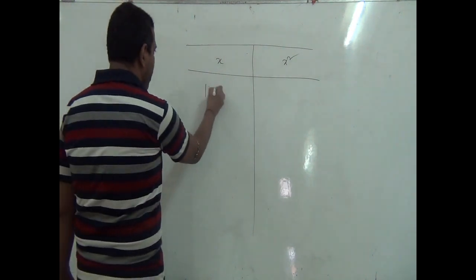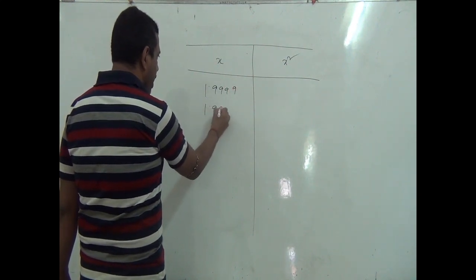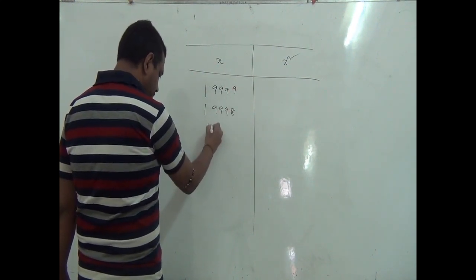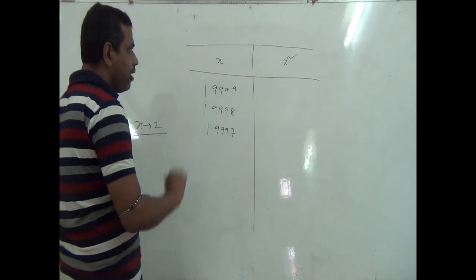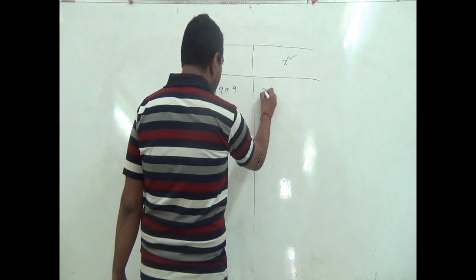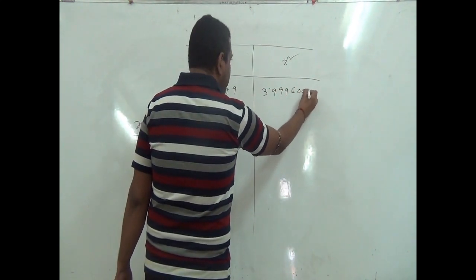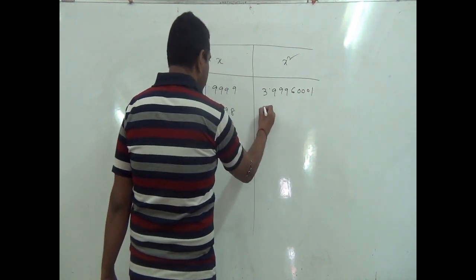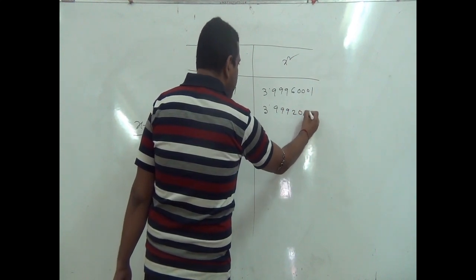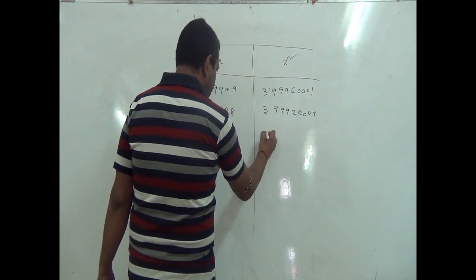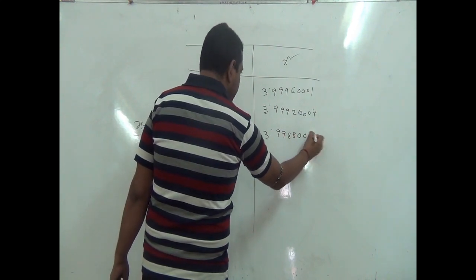Suppose we take 1.999, 1.998, 1.997. Then what about our x square? x square is 3.9960001, 3.9920004, 3.99880009.